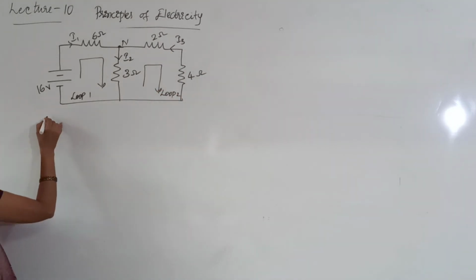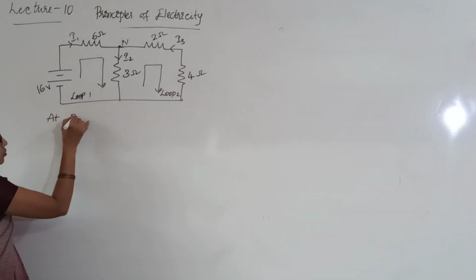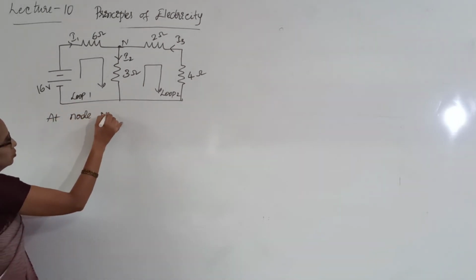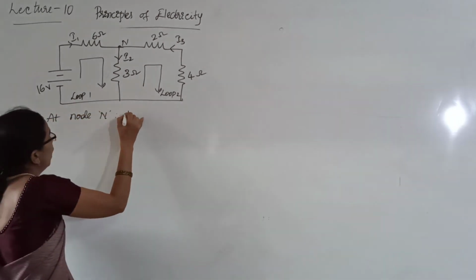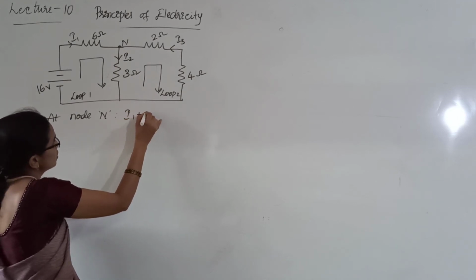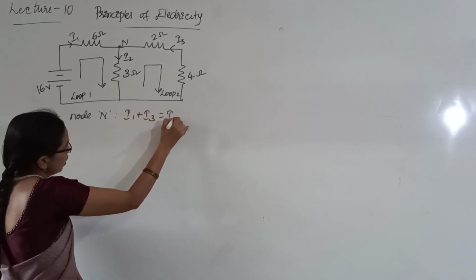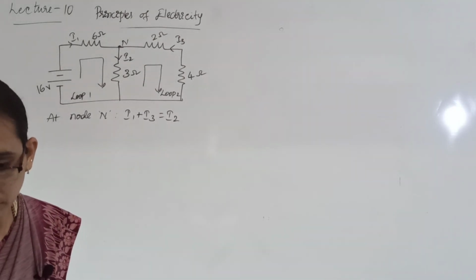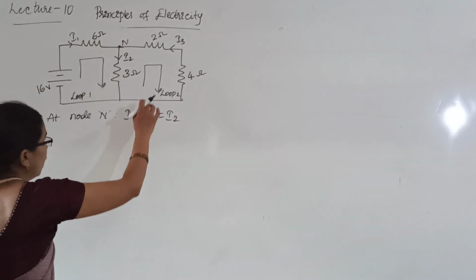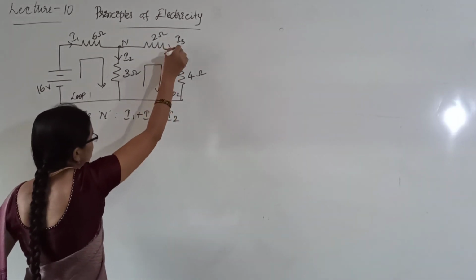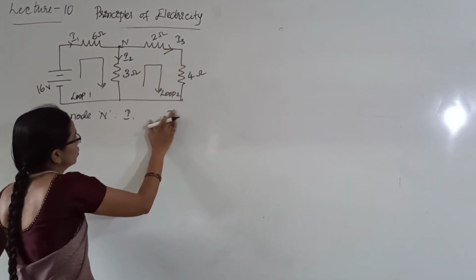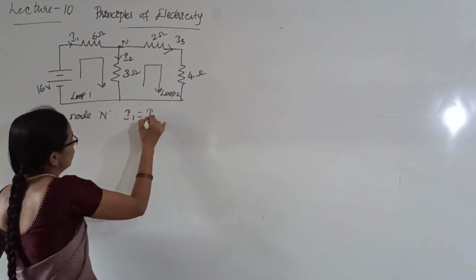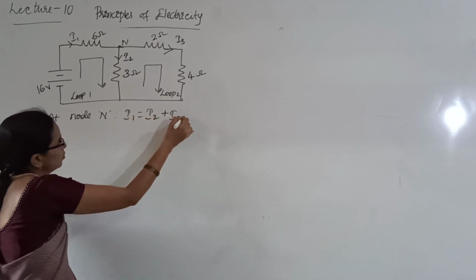Okay. At node N, I1 plus I3 is equal to I2. Sorry, I3 direction is this way. So I1 is equal to I2 plus I3 it will be.